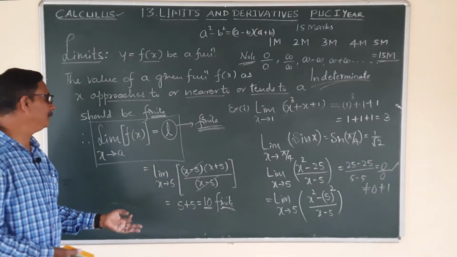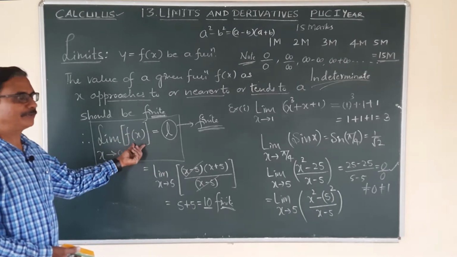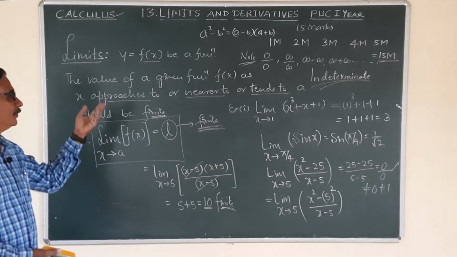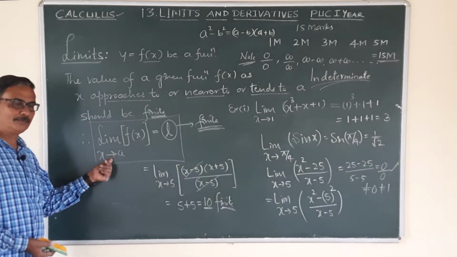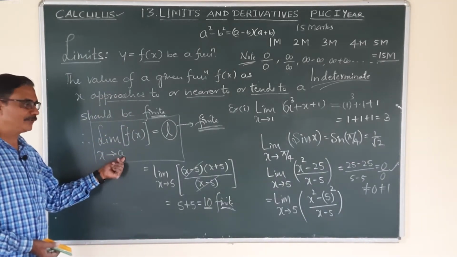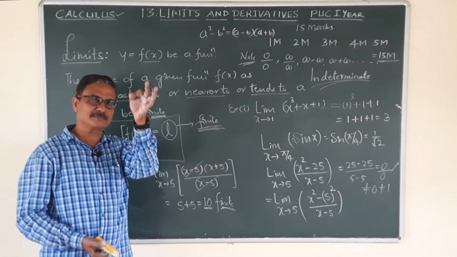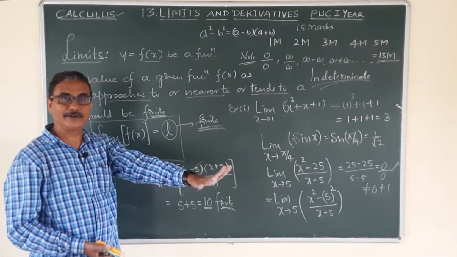So the definition of limit: the value of the given function as x approaches a, where a is finite, should be a finite value. The answer must be finite, not infinite.